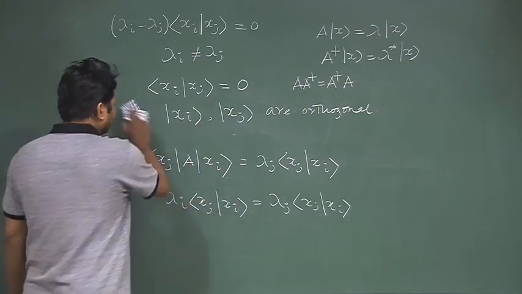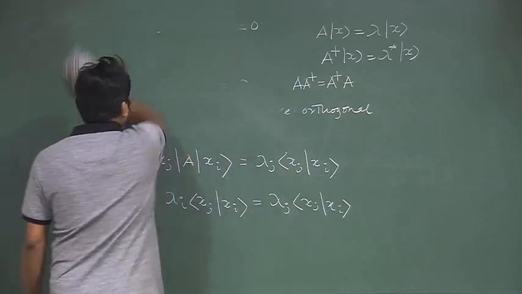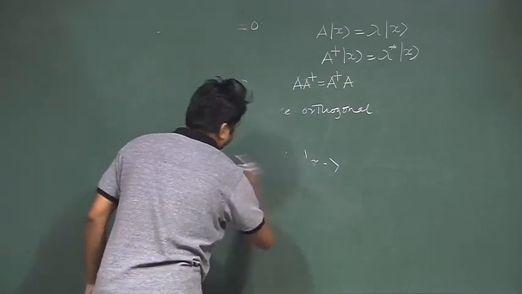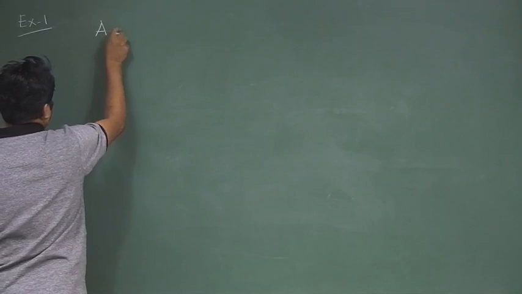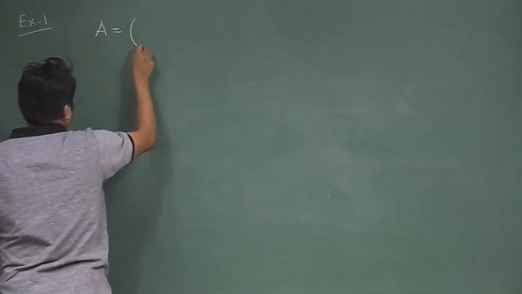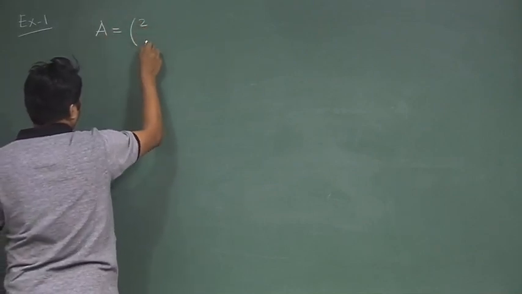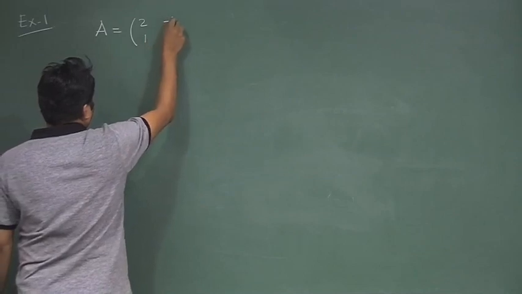So, now let us try to find some simple examples. Say example 1, I put a matrix A, say 2 1 minus 1 2.